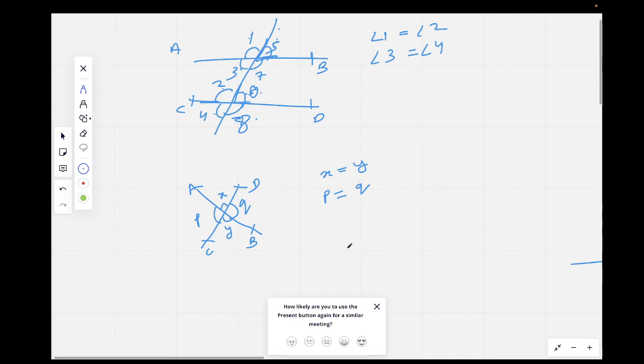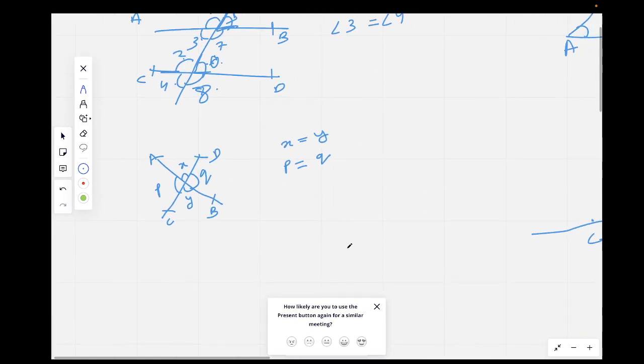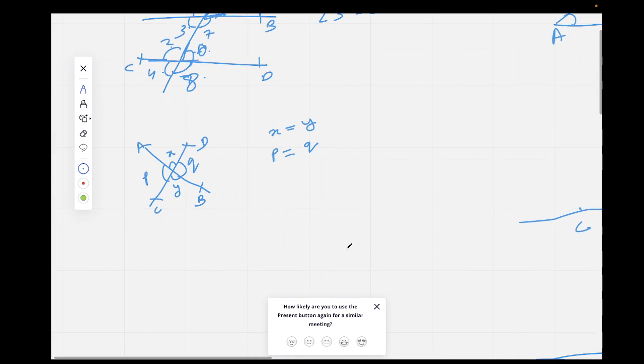We can try to prove this as well. Let's say X plus P will be 180 degrees, because this is the straight line CD, and P and X are forming adjacent angles on a straight line.